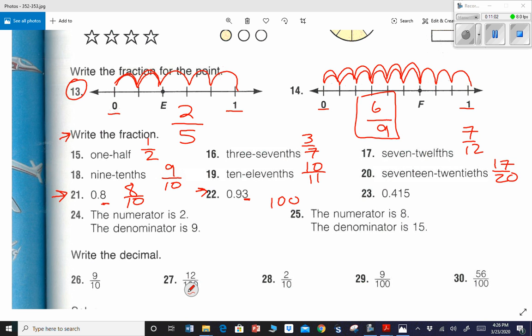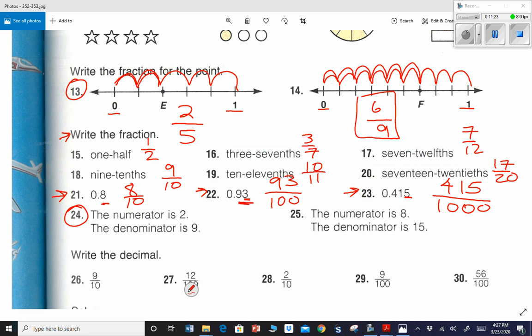So 100 is the denominator, and 93 hundredths. Then number 23, the last digit is in the thousandths place. So we're going to put 1,000 on the bottom and put 415 on the top.